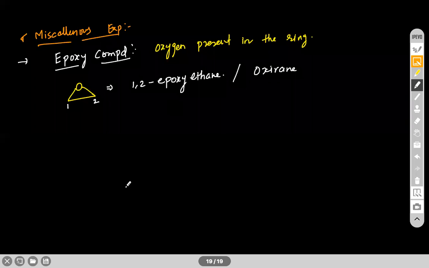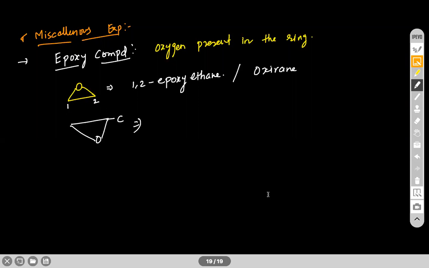Now, another example, if I show you this one. Oxacyclopropane also we can say. This way also we write, but this is the more common way we have.